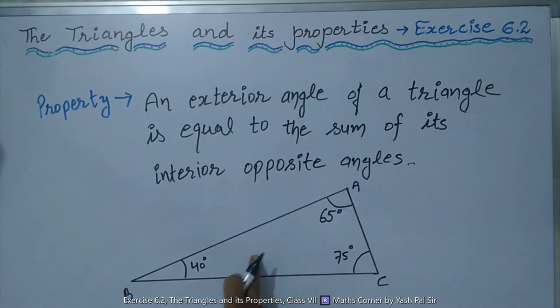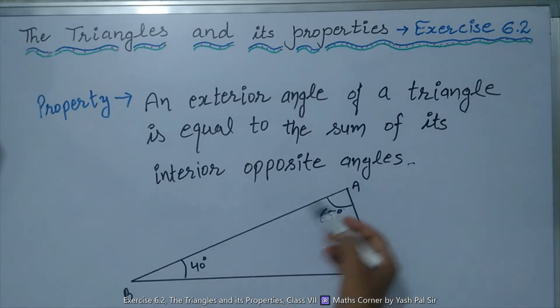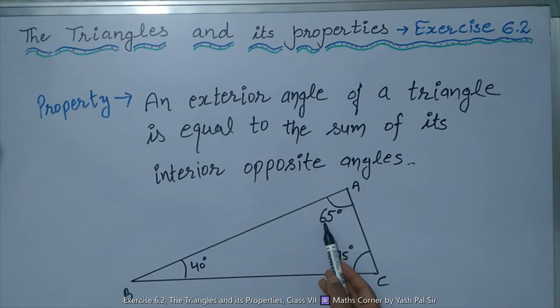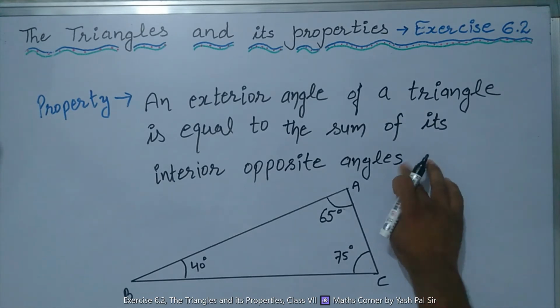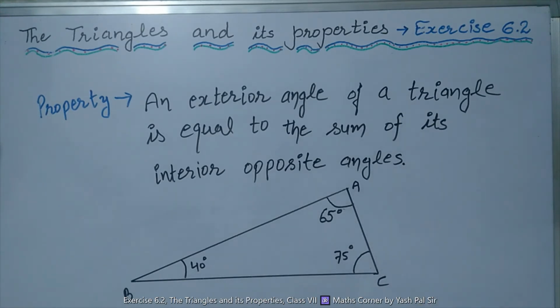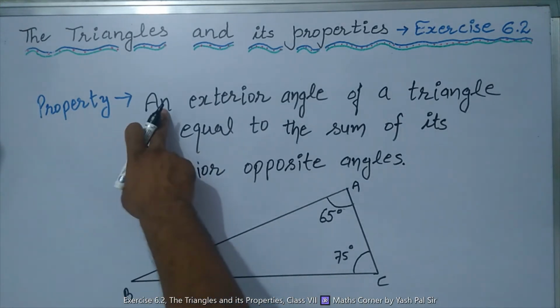First of all, taking one example, suppose ABC is any triangle with angle A equal to 65 degree, angle B equal to 40 degree, angle C equal to 75 degree. Here the sum of all the angles is equal to 180 degree. Okay, so what is the property?